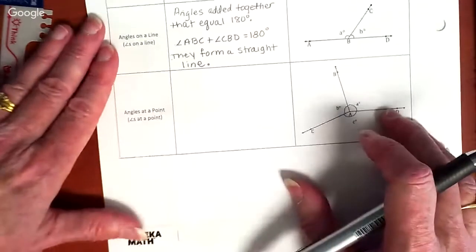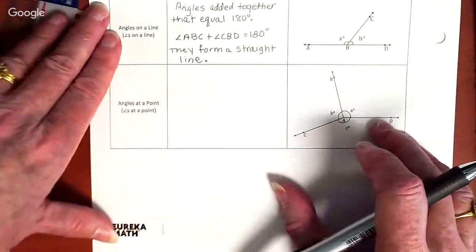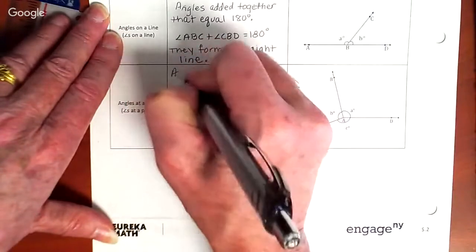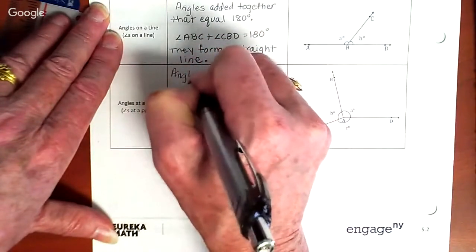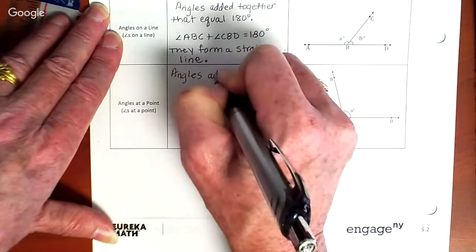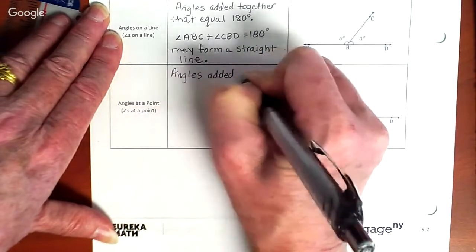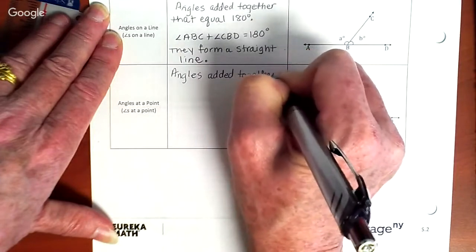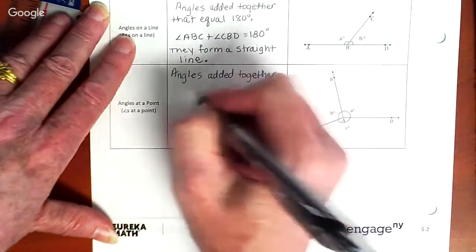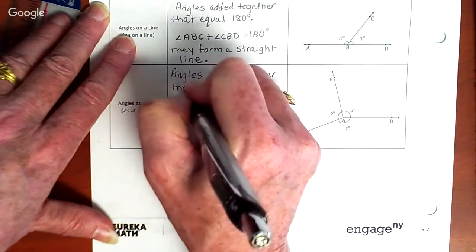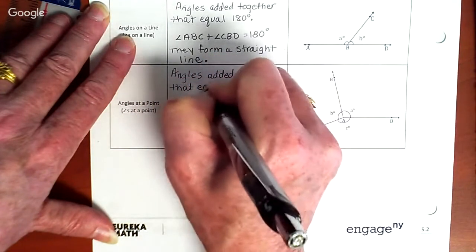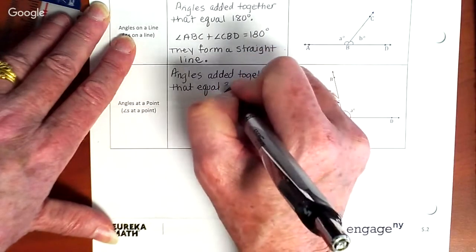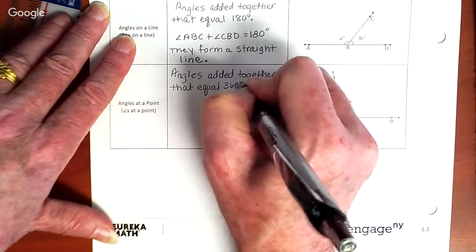Last on this page are angles at a point. Angles added together that equal 360 degrees.